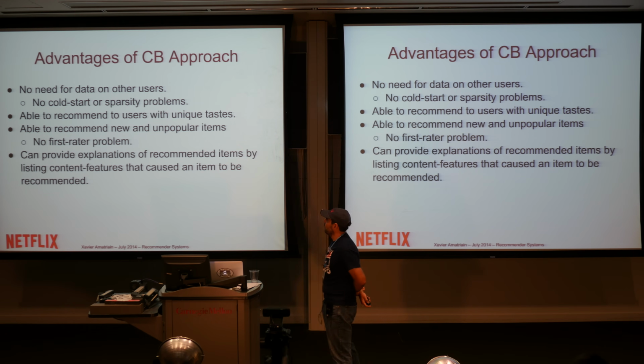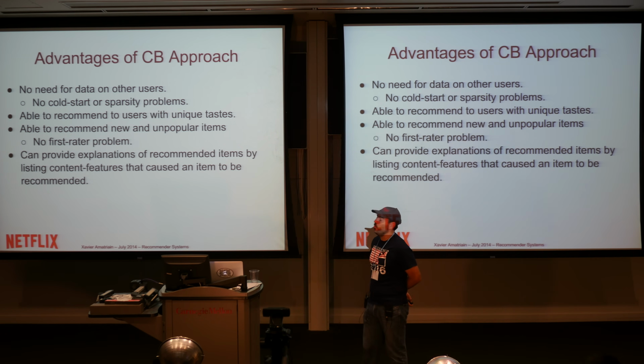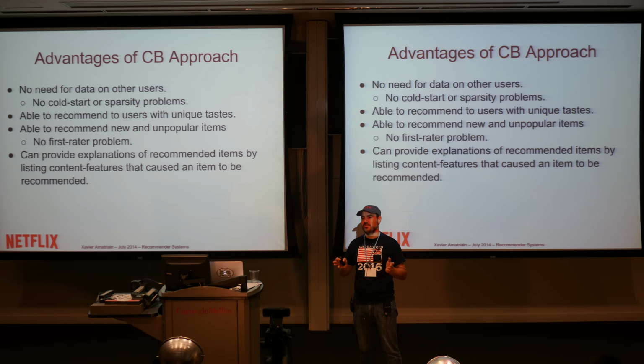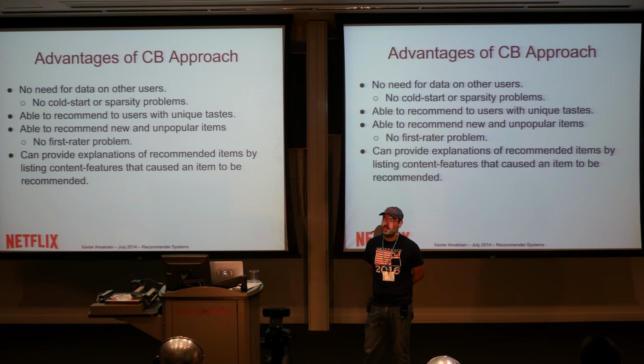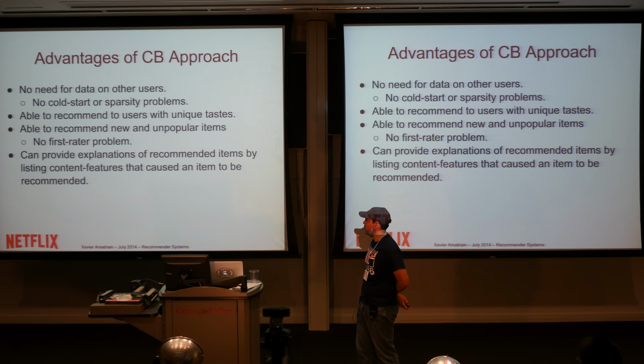The advantage over collaborative filtering is we don't need data about the users. So again, that startup case where I don't have any user, I need to get started. That could be a good step for the first few days while I try to cold start the system. And they're able to recommend new and unpopular items, so go down the tail and recommend that song that nobody listened to.